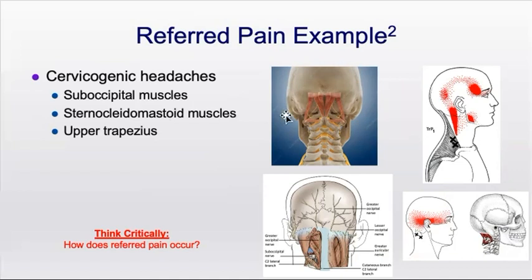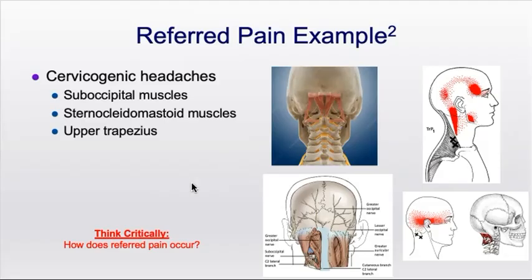So the suboccipitals are muscles that anchor your skull to your first two vertebrae. They are innervated by the same nerve roots, C1, C2, that innervate the dermatome for the scalp.